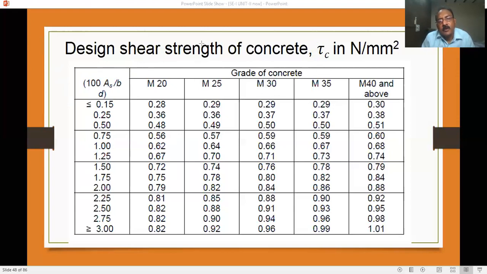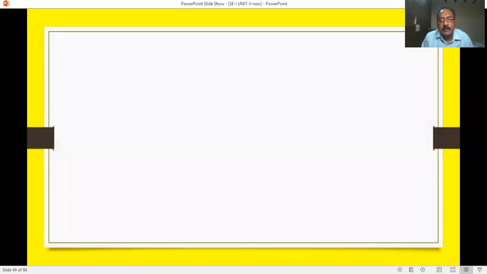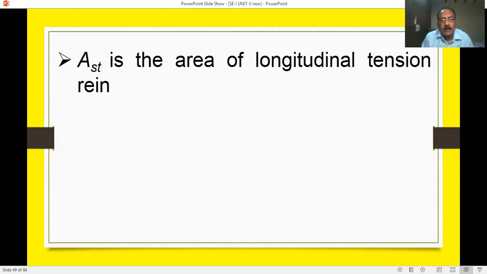If Vu is more than this value, you have to subtract Vu minus Vc, that is from this calculated Vc, where Vc equals tau C into BD. Then we have to design for Vu, the shear force required. So this table is a very important table. You must understand this one. The next table is also very important.